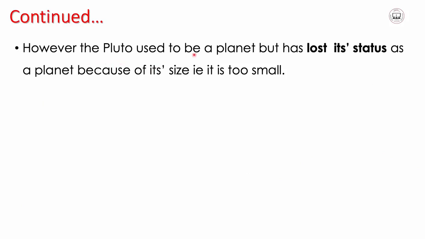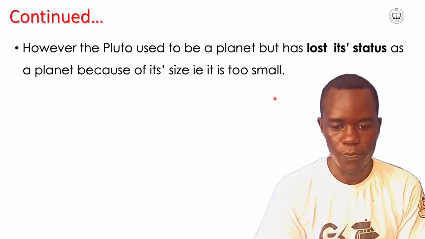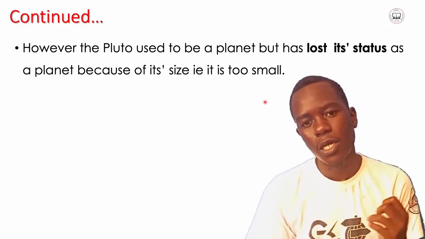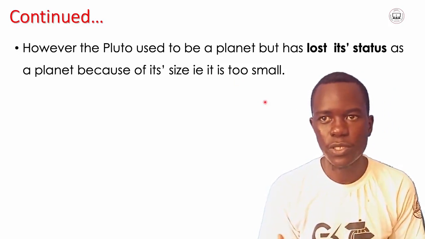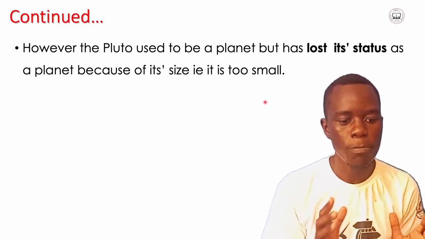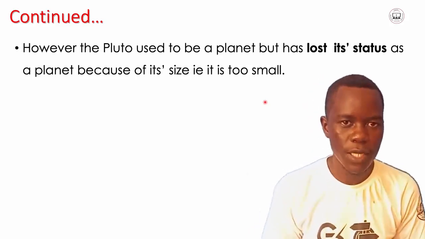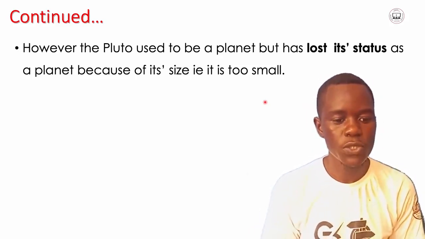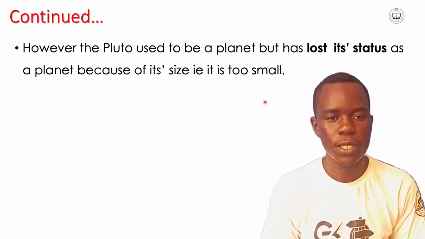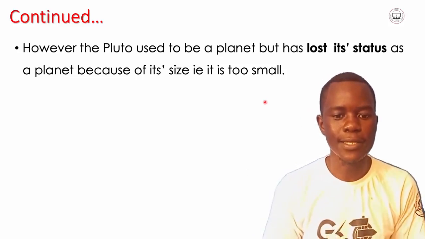However, Pluto used to be a planet but has lost its status as a planet because of its size. It is too small. In other words, in the past there were 9 planets, and this also included Pluto. But now we say that we have 8 planets because Pluto is no longer considered a planet.